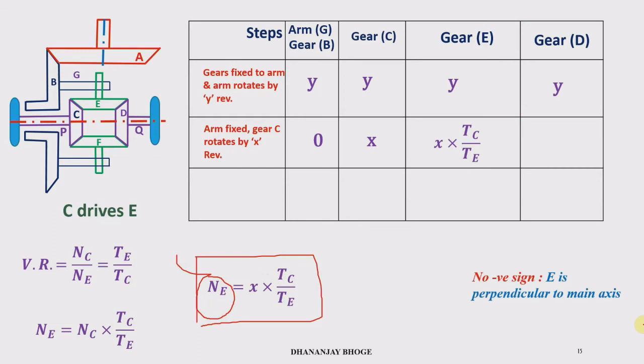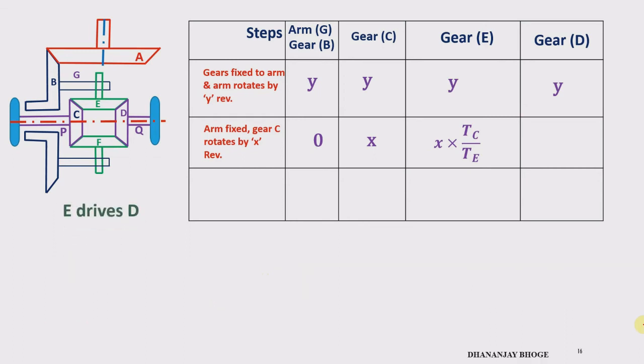Now next, let us find the speed of gear D. E drives D, so write the velocity ratio, Ne upon Nd is equal to Td upon Te. We want the speed of gear D, so Nd to the left side, all other terms to the right. Now we know the speed of Ne, it is X into Tc by Te.